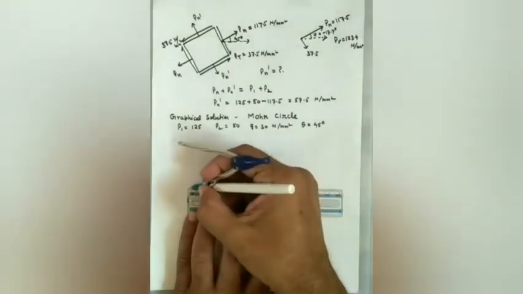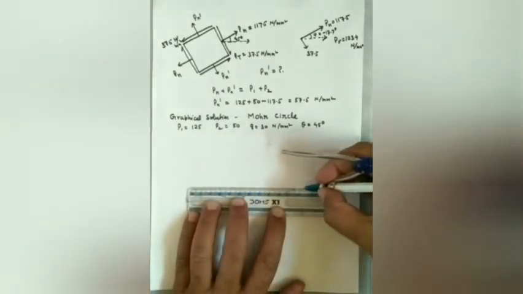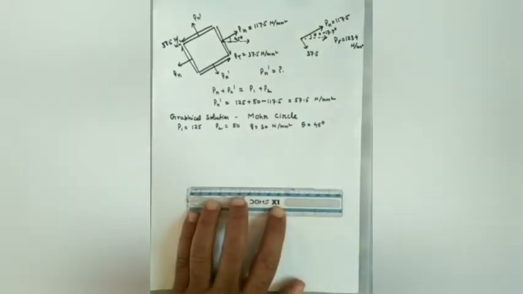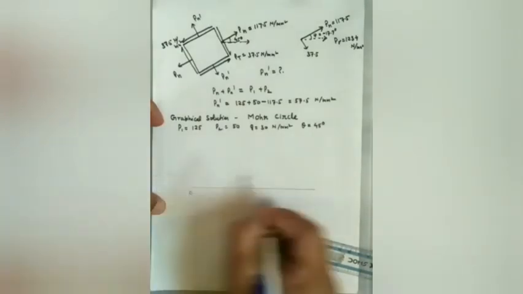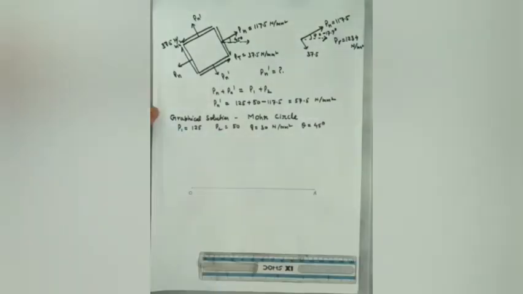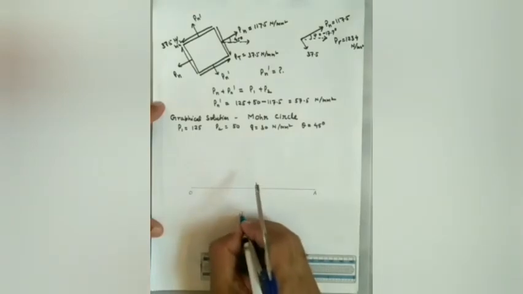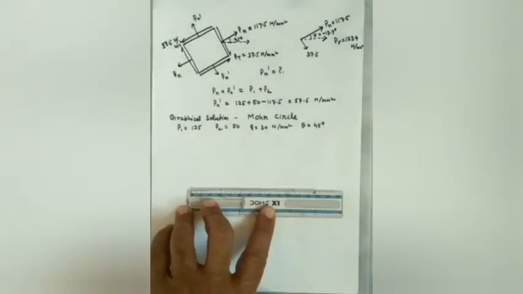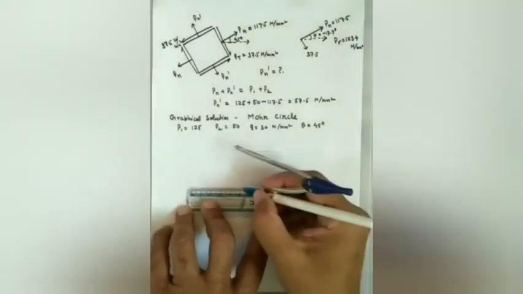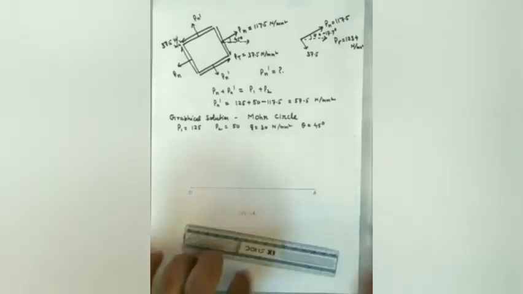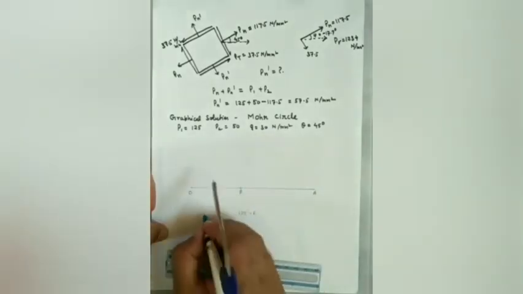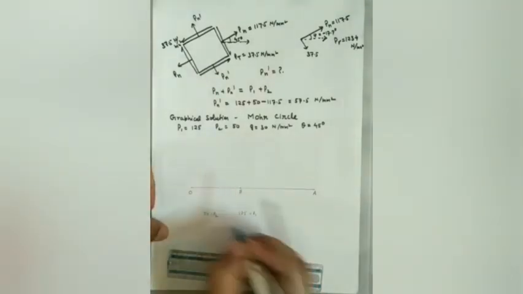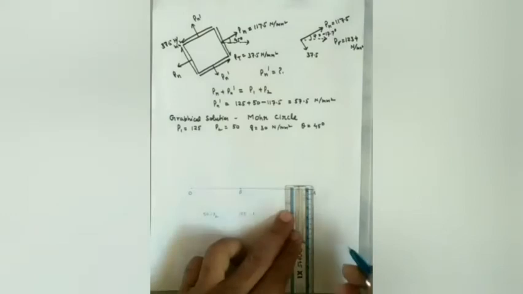Let us draw a line from the origin, OA, which is in magnitude equal to the stress P1, that is 125 Newton per mm square. Similarly, from the same origin, let us draw a line OB, which represents the other normal stress, that is 50 Newton per mm square. Since both are tensile, they are measured in the same direction.